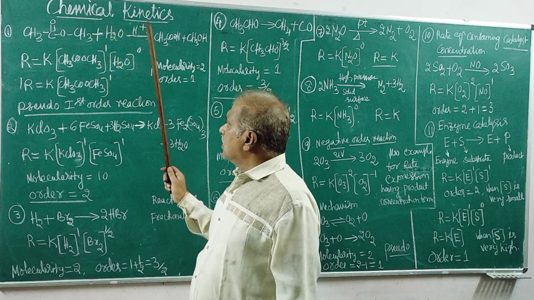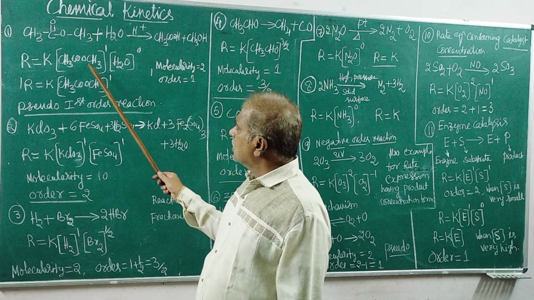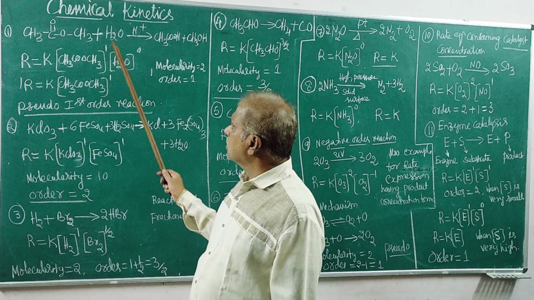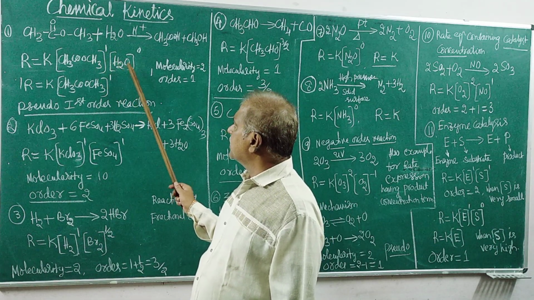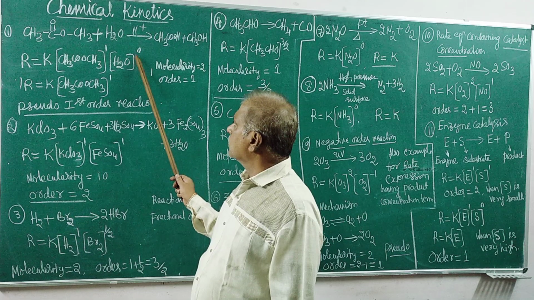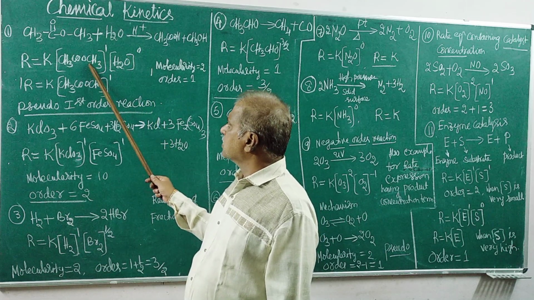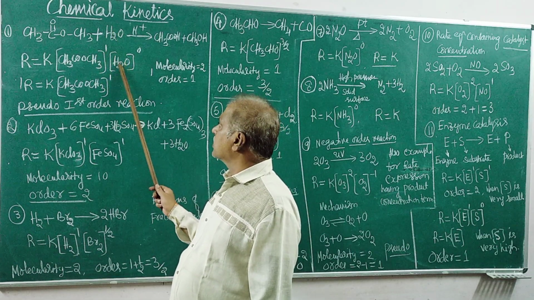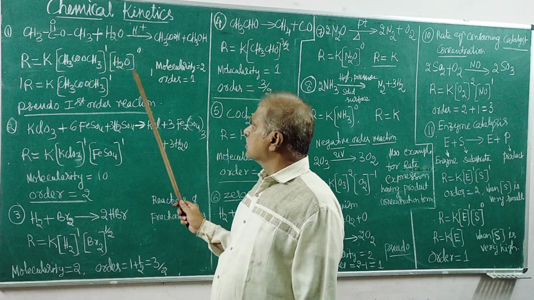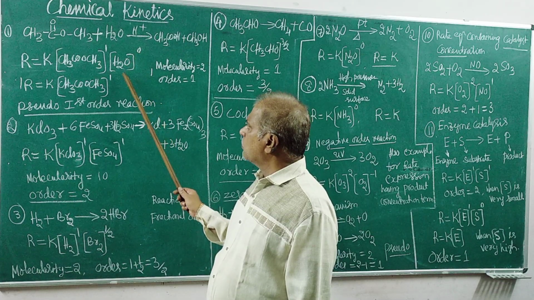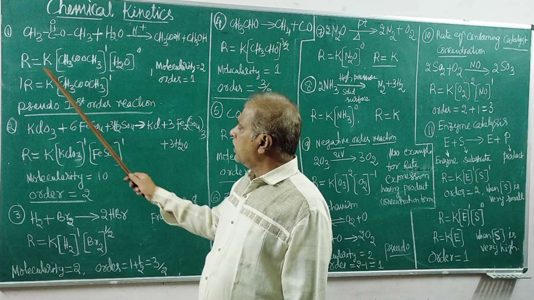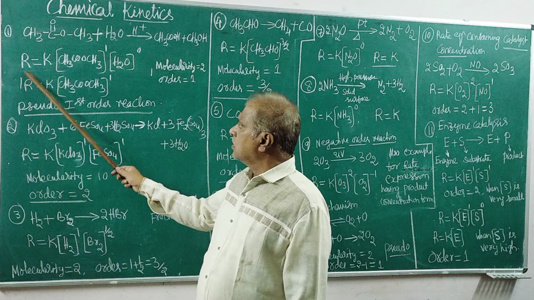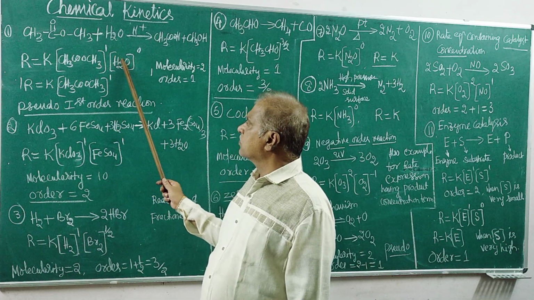But in this reaction, the concentration exponent is 1. Here, the exponent of this concentration term is 0. That is, the order of reaction with respect to this is 1, and with respect to water it is 0. Anything to the power 0 is 1. So the rate of reaction is not depending on the concentration of water.